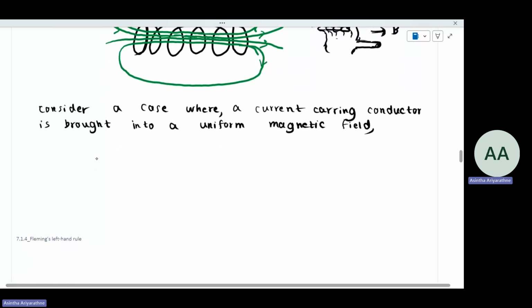So let's say we have a current carrying conductor which is like this. So current is flowing outward.